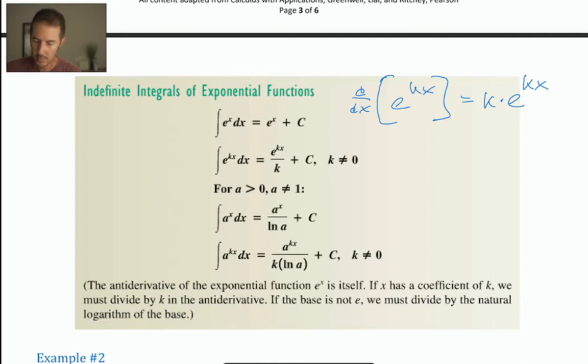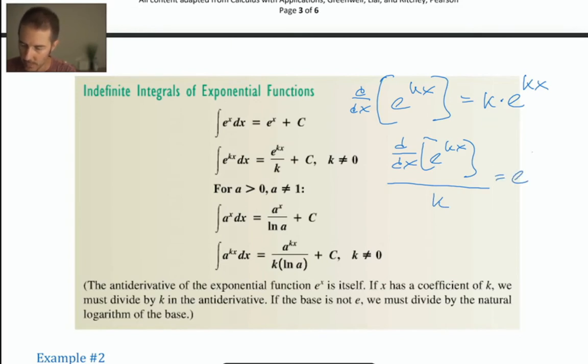Now, let's take this equation that I've just written out in blue and divide both sides by k. If we do, then the derivative with respect to x of e to the kx will all have to be divided by k because we divided both sides by that k equals e to the kx. All right, so I isolated e to the kx on the right-hand side.